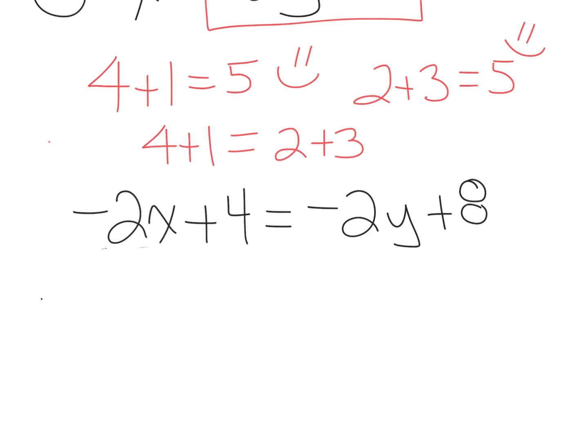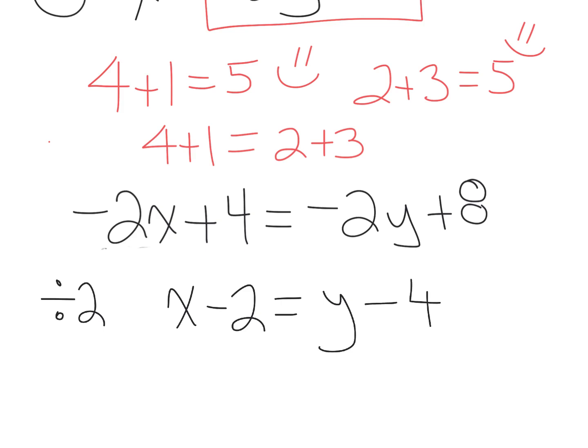So I'm going to divide by minus 2. So I'm going to have x minus 2 is equal to y minus 4. Oops, I have to put the minus in there. Tell me if that makes sense. X minus 2 equals y minus 4. Yes? Okay, I think that looks right.